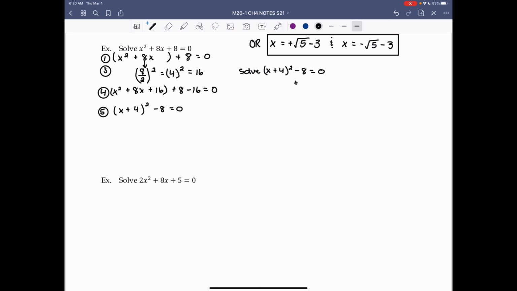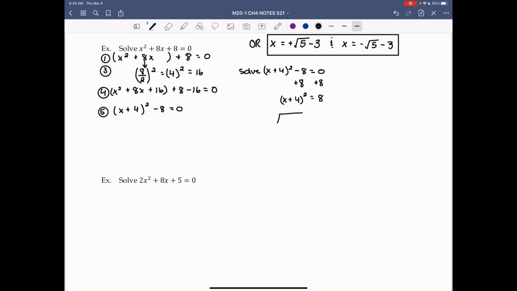Add 8, we get x plus 4 all squared equals 8. We want to get rid of the squared, so take the square root of both sides.